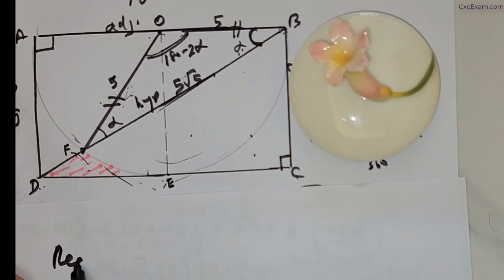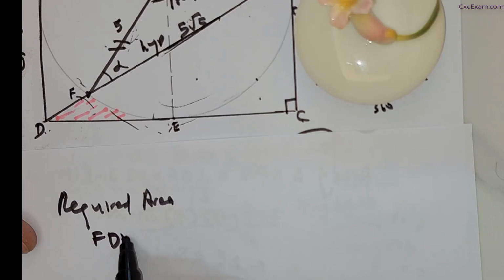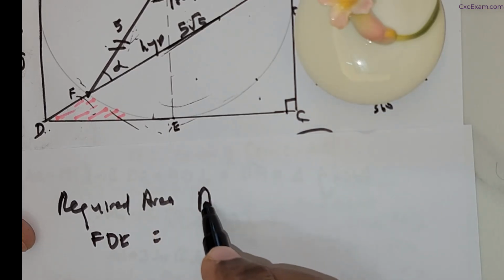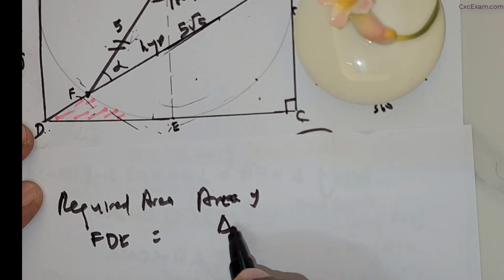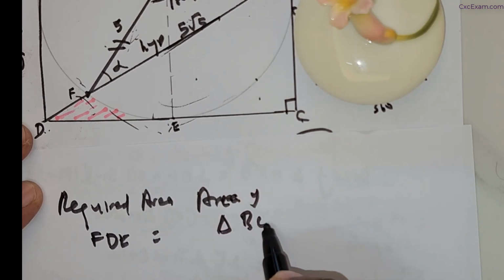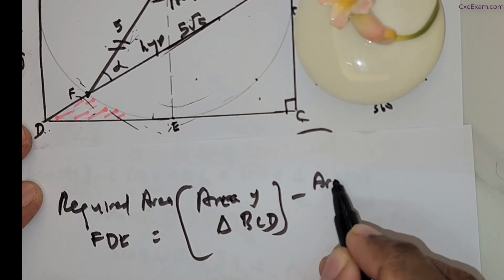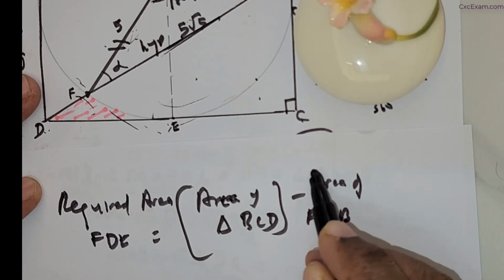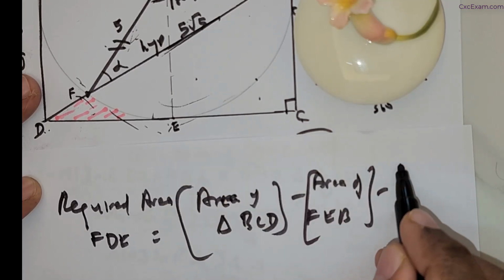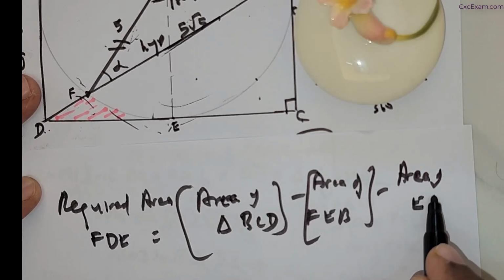So the required area FDE is going to be, let me write this down, the area of triangle BCD. From BCD we are taking away the area of FEB, and then we are taking away the area of ECG.